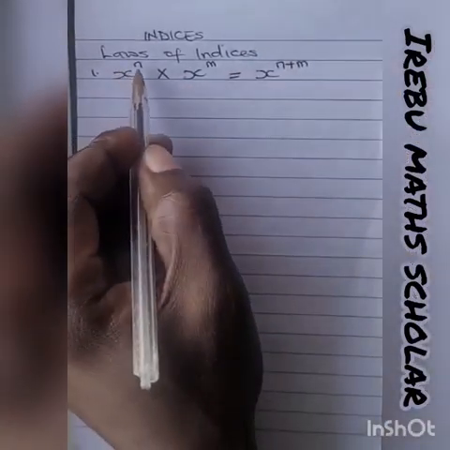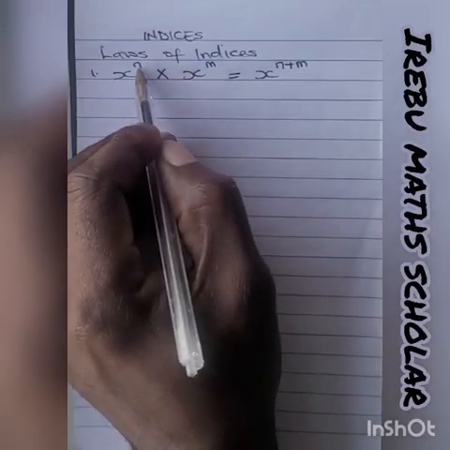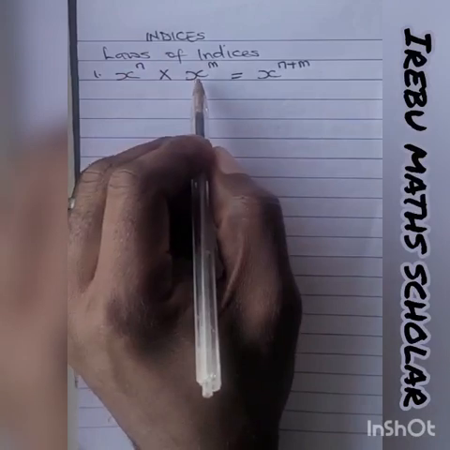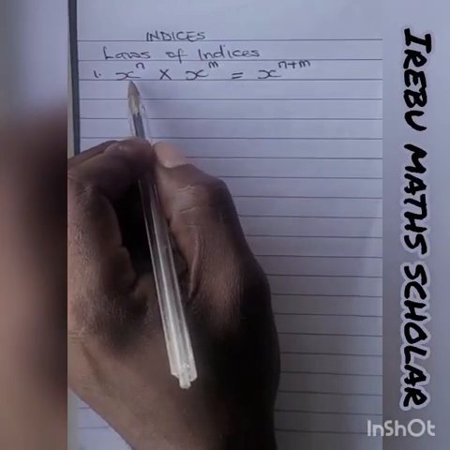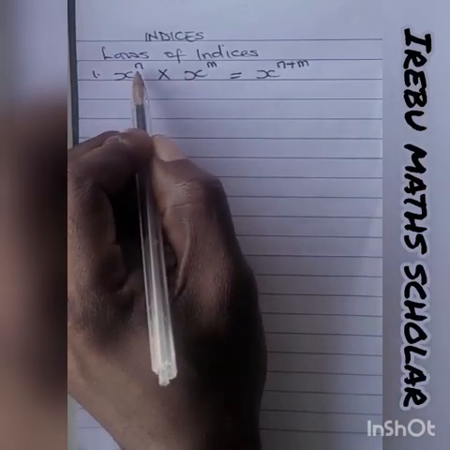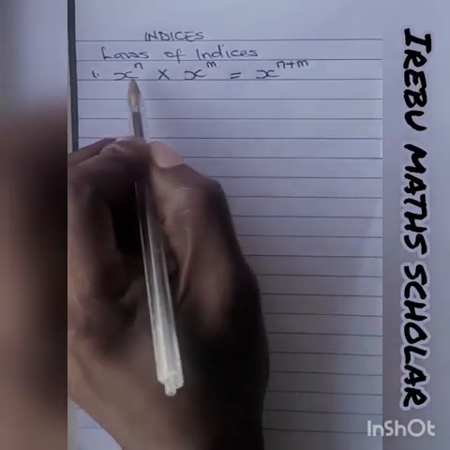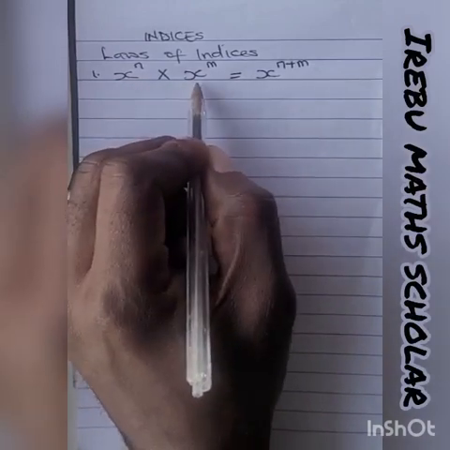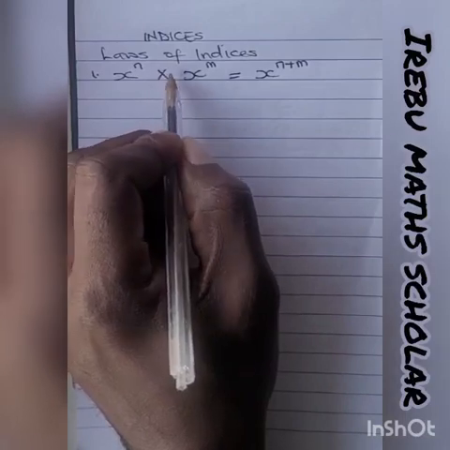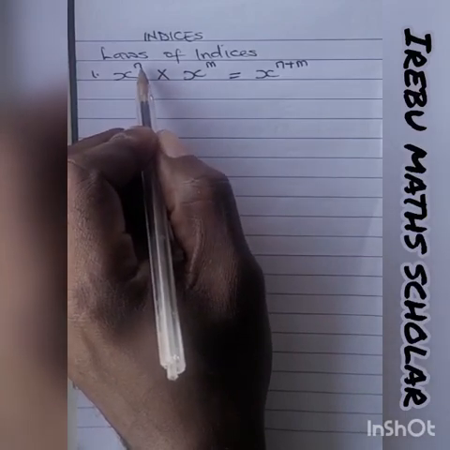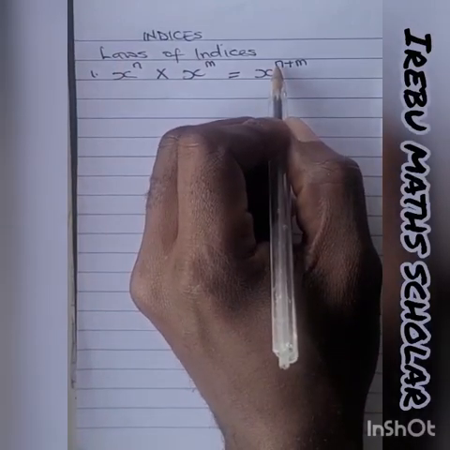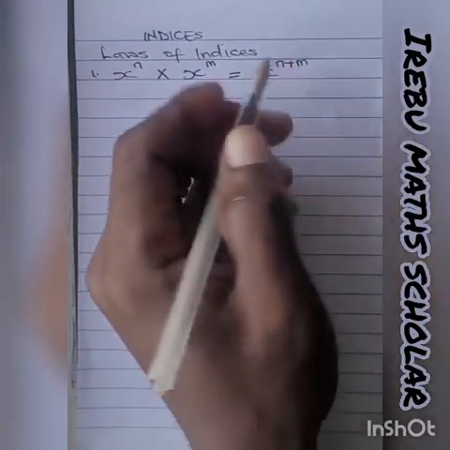What you need to do is add their powers, n plus m, as long as the bases are the same. So please take note of the terms. We have the base, which is x, and the powers, which are n and m. If the bases are the same, irrespective of the powers, and the sign there is multiplication, we add the powers. So I'm going to have x raised to power n plus m.